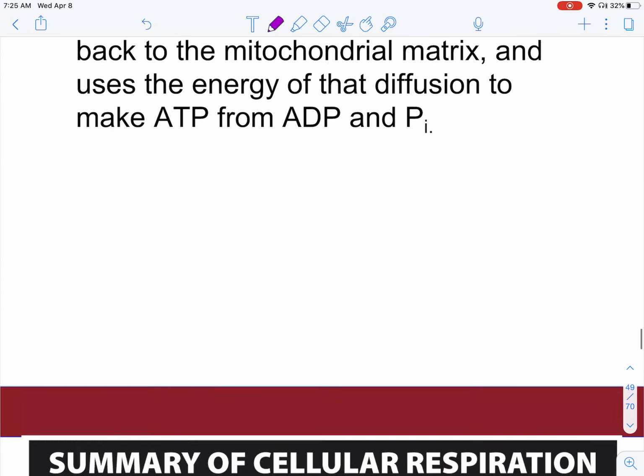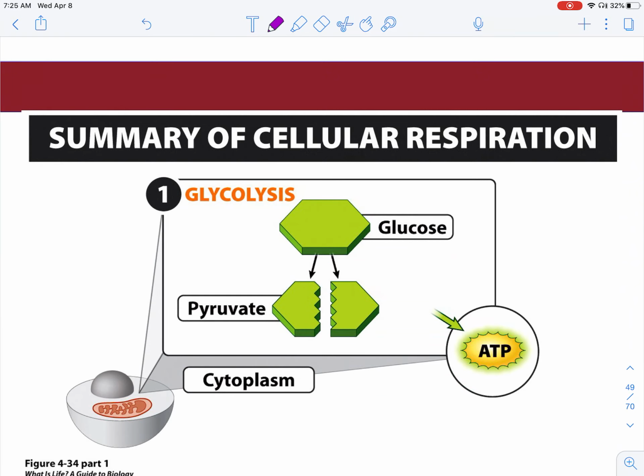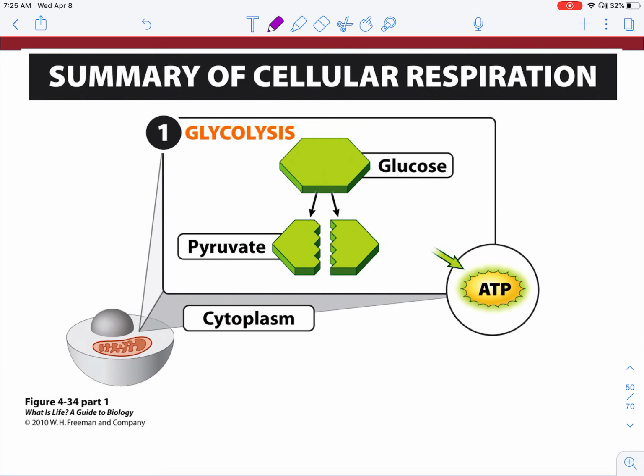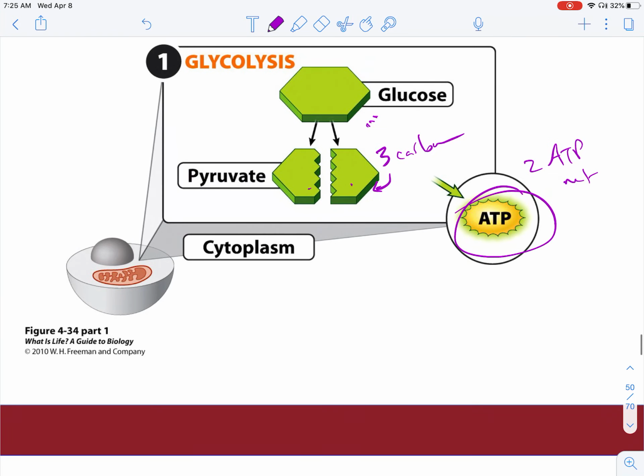And we call that potential energy the proton motive force. And there we go. Look at that. We just broke down glucose. So we started with glycolysis. We took this molecule glucose that represented potential energy. We split it into 3 carbon pyruvates. 2 of them generated 2 molecules of ATP net here because we had to invest 2 in the glycolysis process.